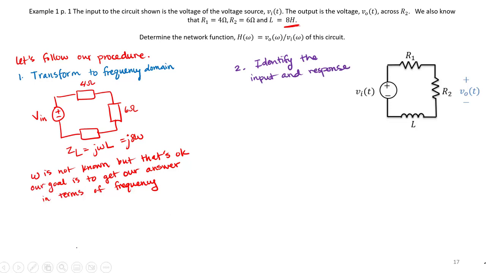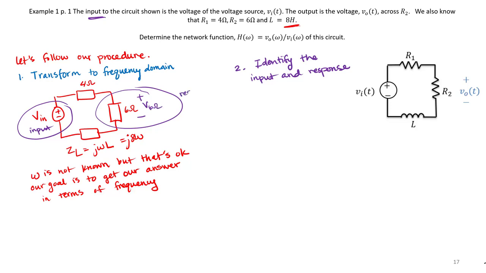And in this case, we are given the input to our circuit. Input is our voltage V in, and our response is given as the voltage across R2, where R2 is our 6 ohm resistor.